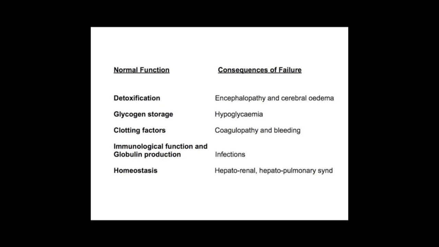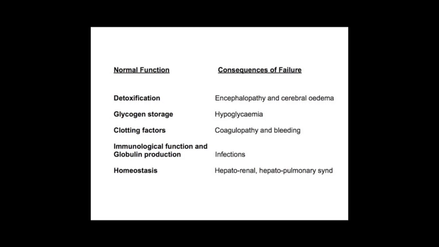Now moving on to liver function. It's useful to have an idea of the normal liver function and how, where this is affected, this leads to disease. So what are the main functions of the liver? Well, I guess one of the main functions is to remove toxins, whether that be from metabolites or external sources of toxins.